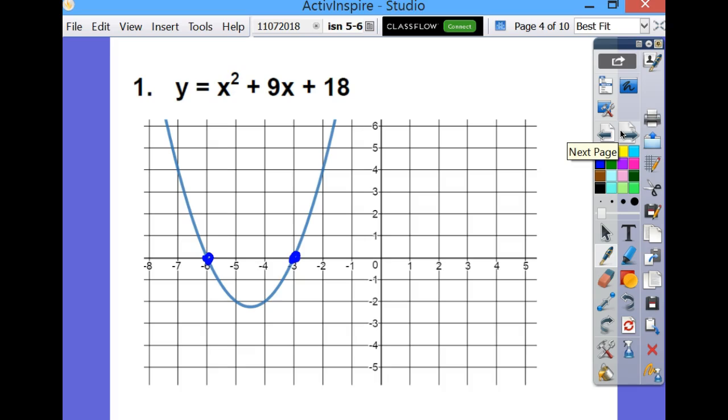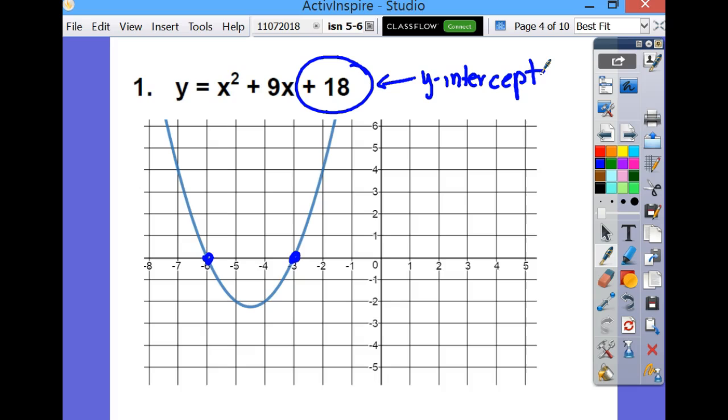Can we tell what the y-intercept is from this graph? I did want to mention that if you were in standard form, this number right here would be the y-intercept.